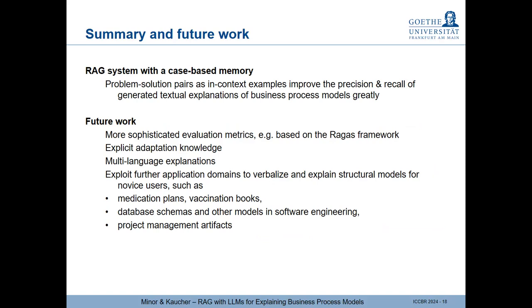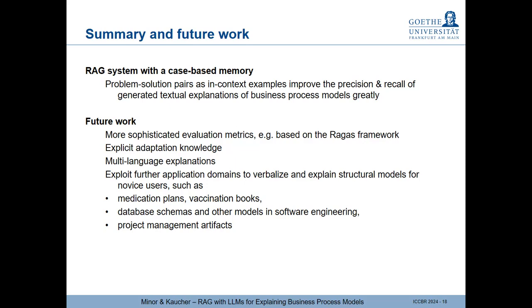In summary, we have presented a retrieval augmented generation system that uses problem solution pairs from a K-space as in-context examples and improves the quality of generated results greatly when explaining business process models.